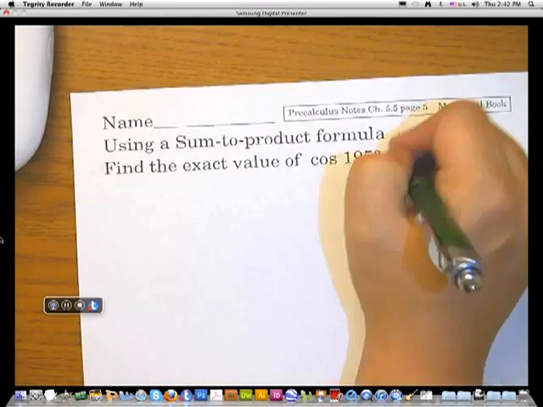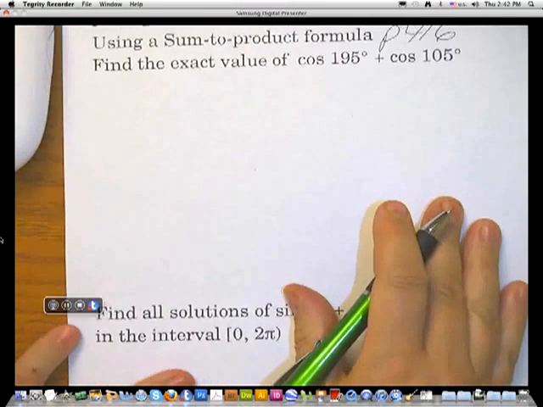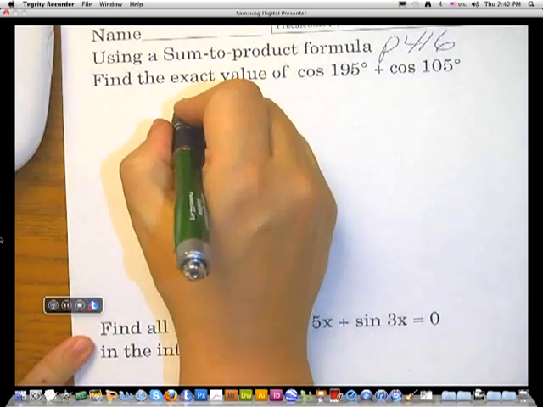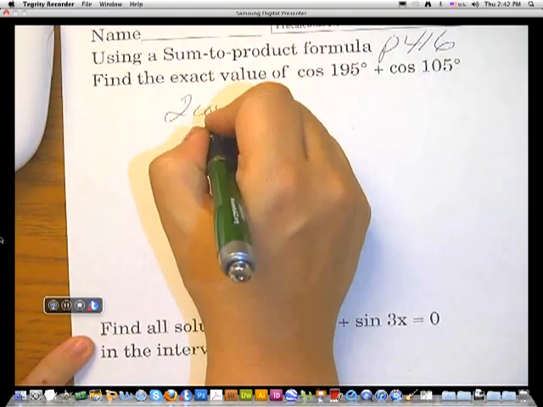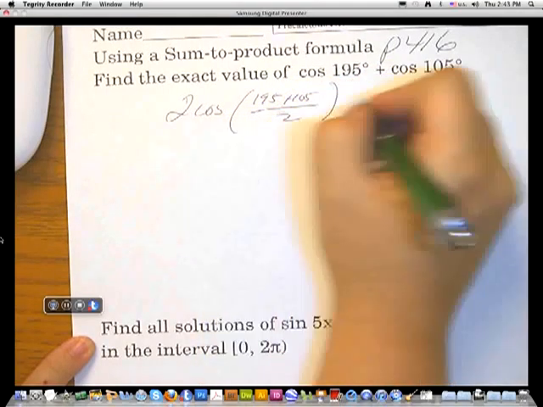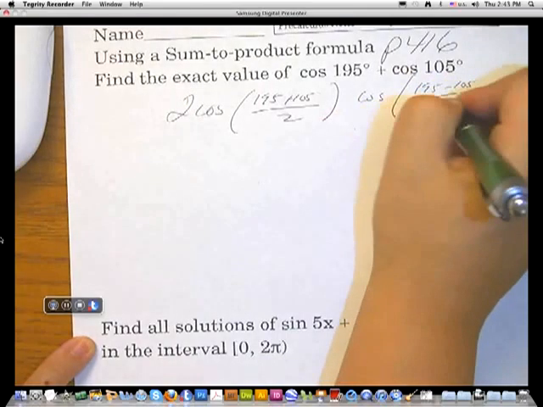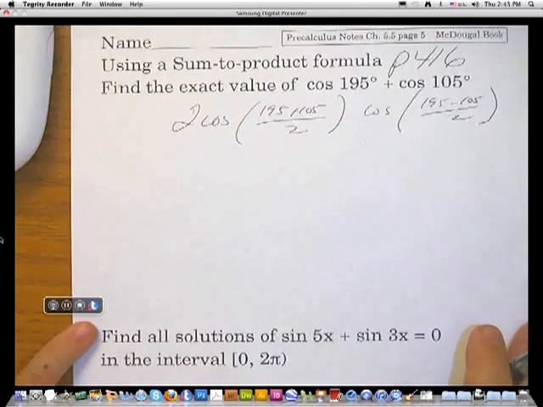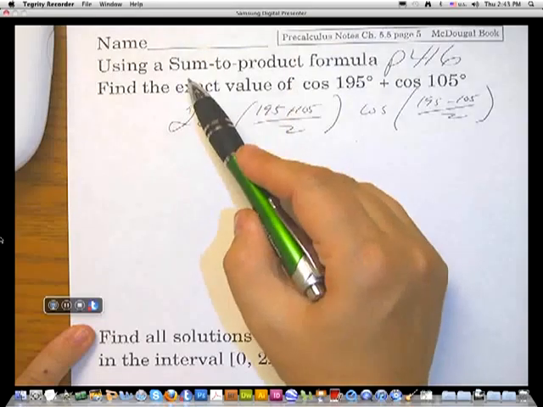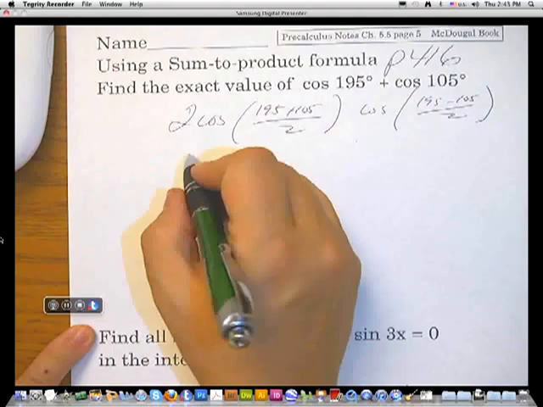Last page, sum to product. This is on page 416. So we have 2 cosine 195 plus 105 over 2 cosine 195 minus 105 over 2. We're changing the sum to a product. So this is a summation. These are products.